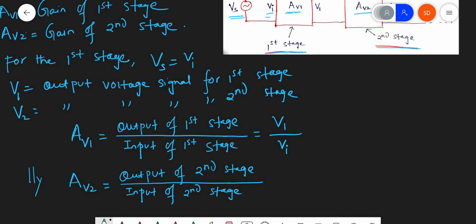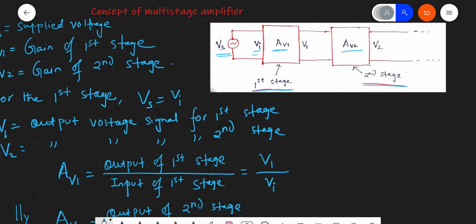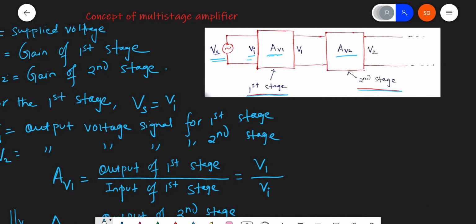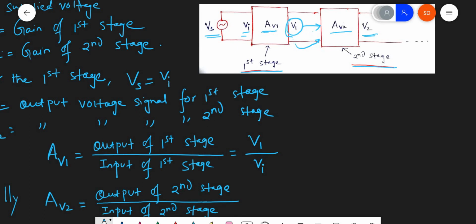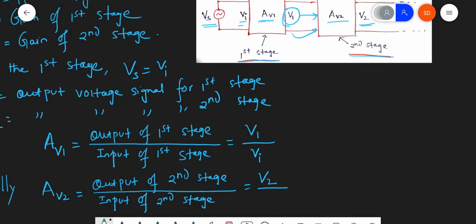Now I already told you that in a multi-stage amplifier, the output of the first stage, that is V1, will act as the input of the next stage. The output of the second stage is V2, and the input of the second stage is the output of the first stage, which is V1.